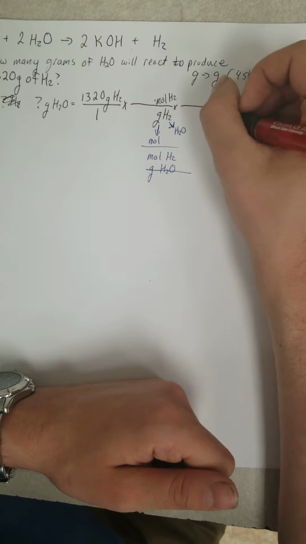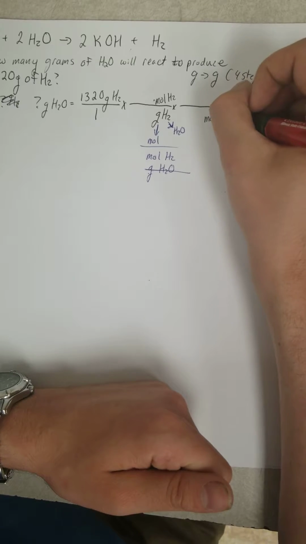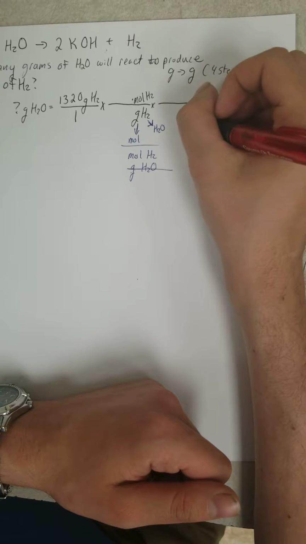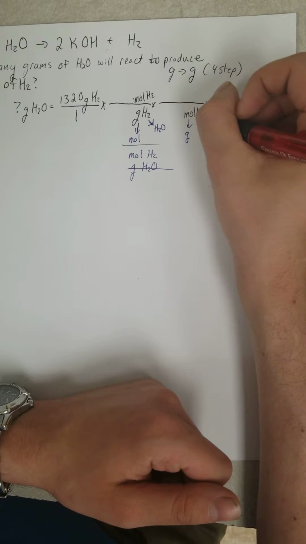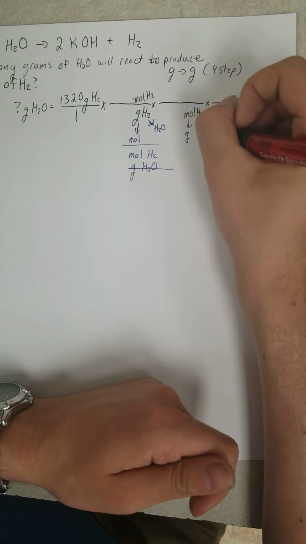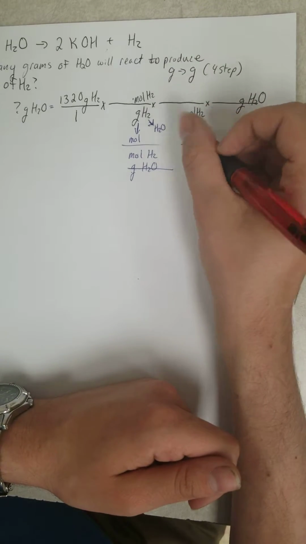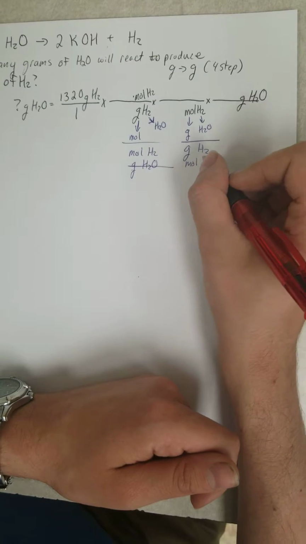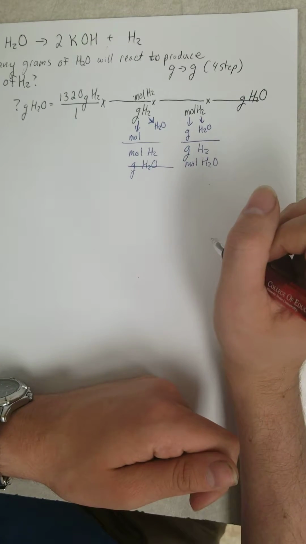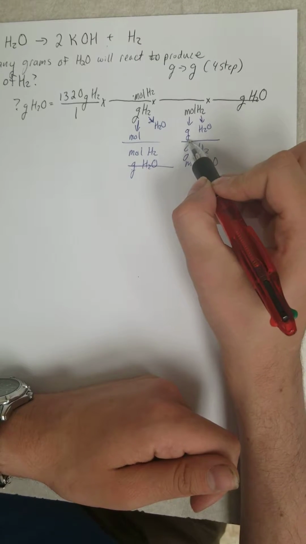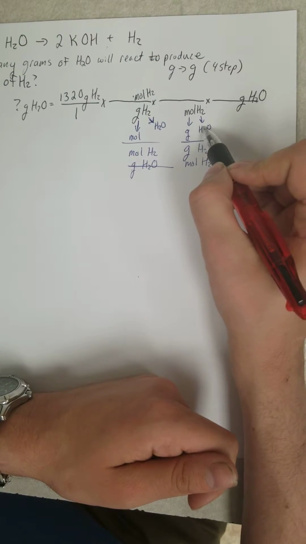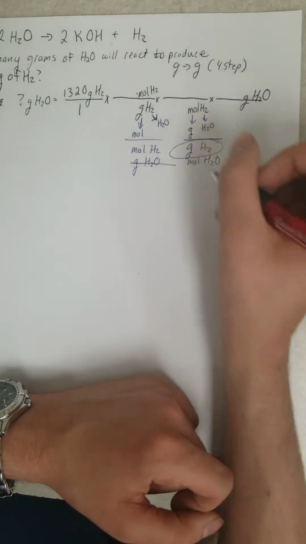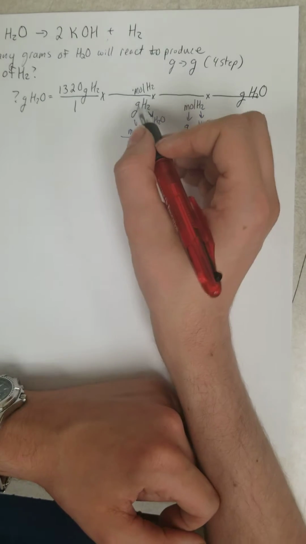So we've got moles of H2 on top, so we're going to put that down below. And then the same thing, we can either change moles to grams, or we can change H2 to H2O. So our options would be grams of H2 or moles of H2O, because we can only change one of them. If we change this, then we have to use that. If we change that, then we have to use this. If we choose grams of H2, it's actually right here.